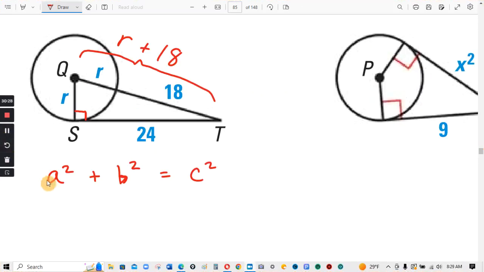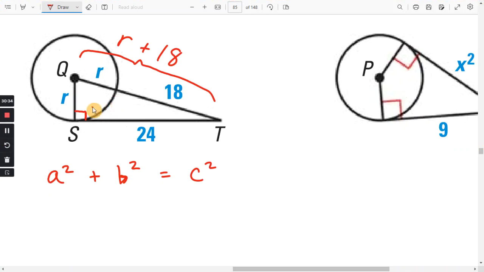All right, once again, Pythagorean theorem on this right triangle. You go across from your right angle, and that entire side length is your hypotenuse. So that has to be the value for C. This whole thing is C. The other two sides, A and B, it doesn't matter. I'm going to let A equal R, and I'm going to let B equal 24.